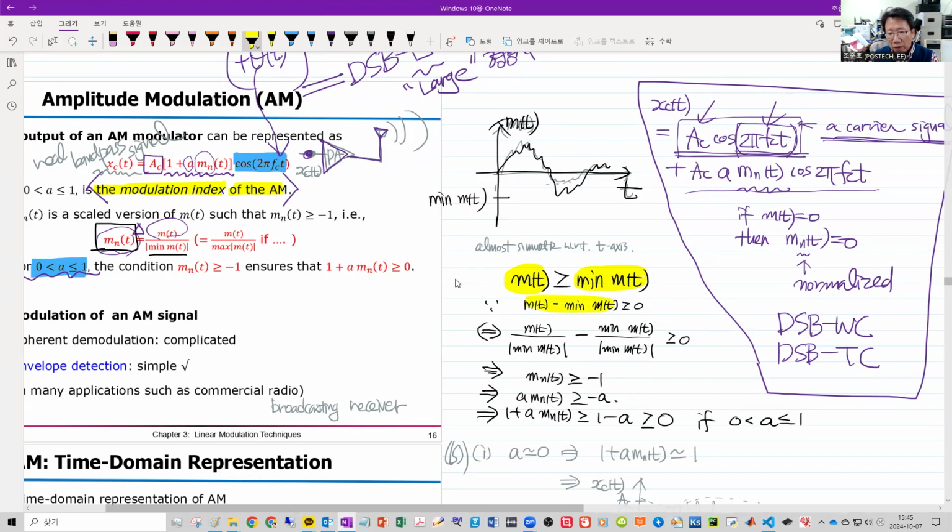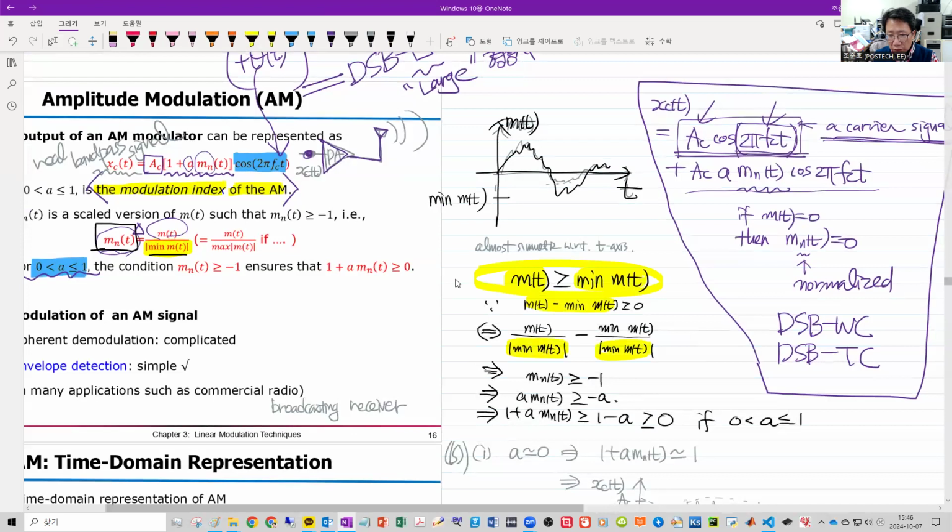Or you may just keep going from this first line. And what we do is that we divide both sides by the absolute value of the minimum of M of t, assuming the minimum value is non-zero. Then what happens? Since the absolute value is a positive number, the direction of the inequality does not change, right?